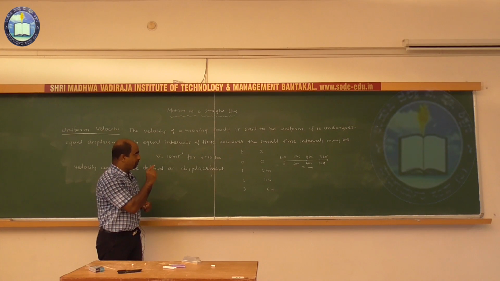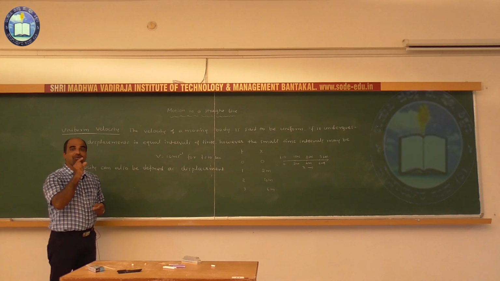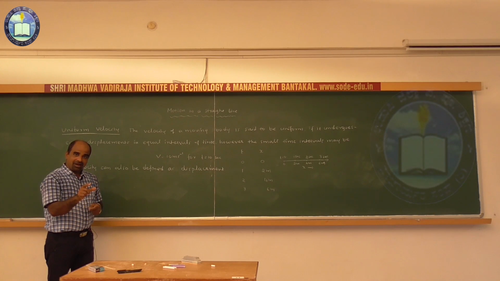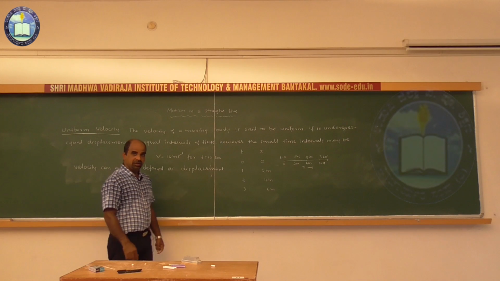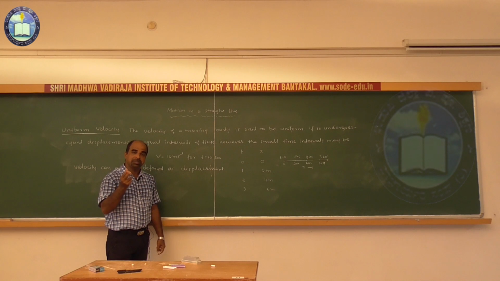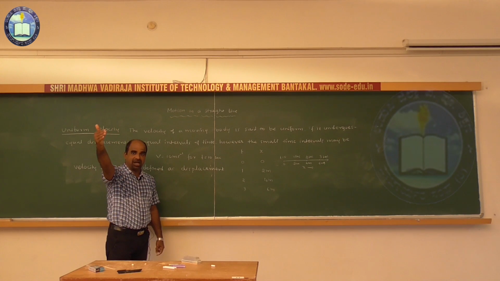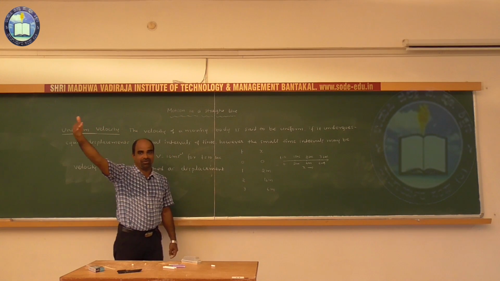What is uniform velocity? The velocity of a moving body is said to be uniform if it undergoes equal displacements in equal intervals of time. If a body undergoes unequal displacements in equal intervals of time, or equal displacements in unequal intervals of time, or unequal displacements in unequal intervals of time, then the velocity of the body is said to change. The velocity of the body is said to be non-uniform.